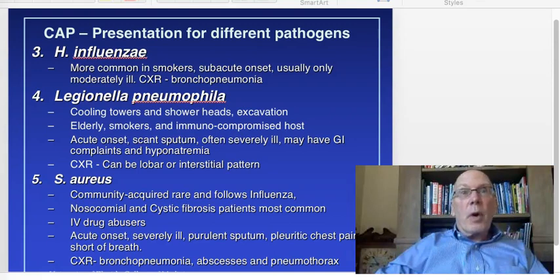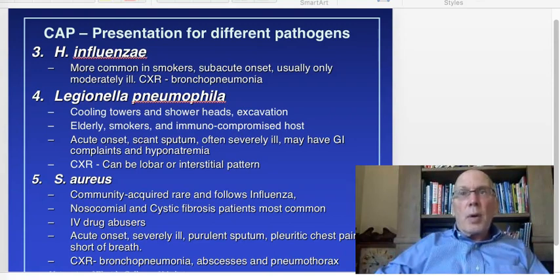Five, Staph aureus. This is a rare cause of community-acquired pneumonia and usually follows influenza. This pathogen is usually associated with nosocomial pneumonia and also seen in patients with cystic fibrosis. It can also be seen in IV drug abusers. The onset of illness is acute and patients are often severely ill.